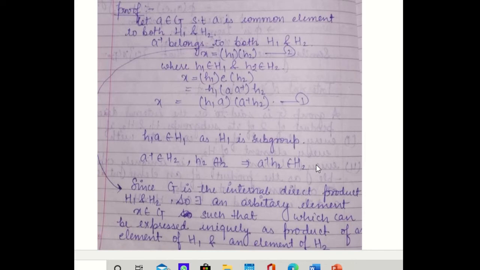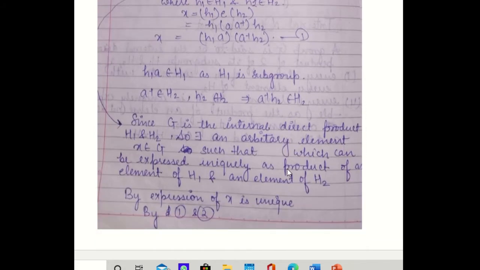Since h1 belongs to capital H1 and A is also in H1, so h1A belongs to capital H1 as H1 is a subgroup. Now A inverse belongs to both H1 and H2, so A inverse belongs to H2 and h2 belongs to capital H2. So this implies A inverse h2 belongs to capital H2.